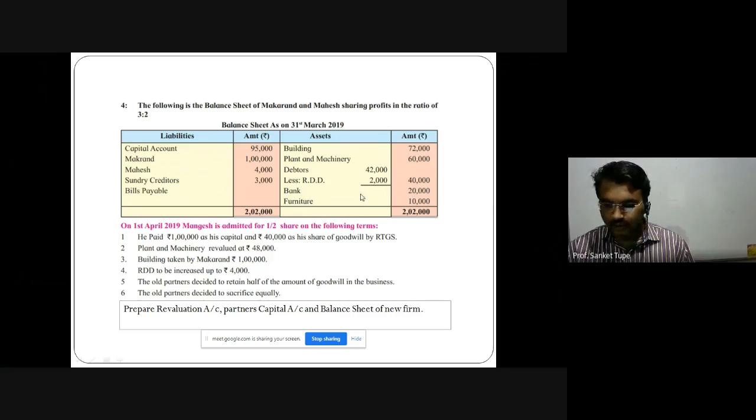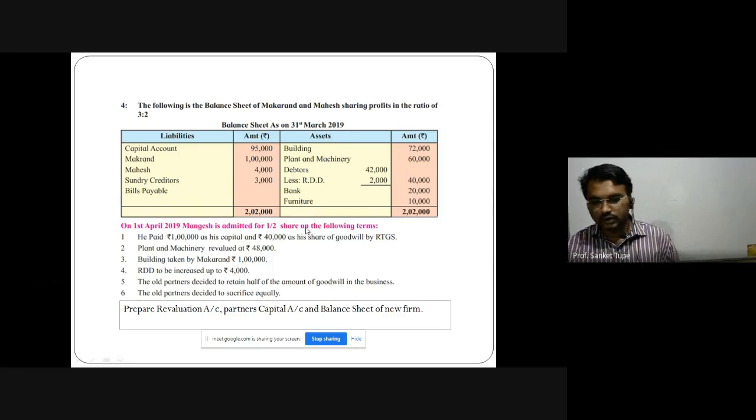You can see the bank balance, opening balance 20,000 before the reconstitution or revaluation. Then furniture amount is rupees 10,000. Then on 1st April 2019, Mangesh is admitted as a new partner for half share on the following terms.